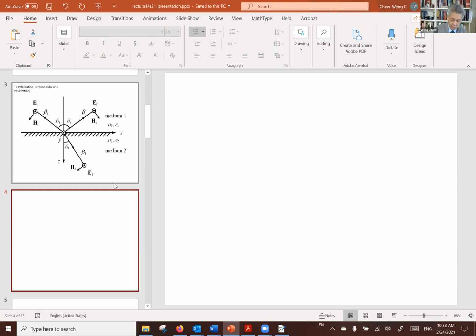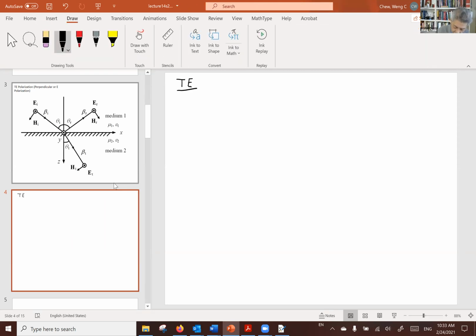We assume the TE case for simplicity. The TE case is also called the perpendicular polarization, because the electric field, as you see from the picture on the left, is pointing out of the paper, and hence it is perpendicular to the paper.